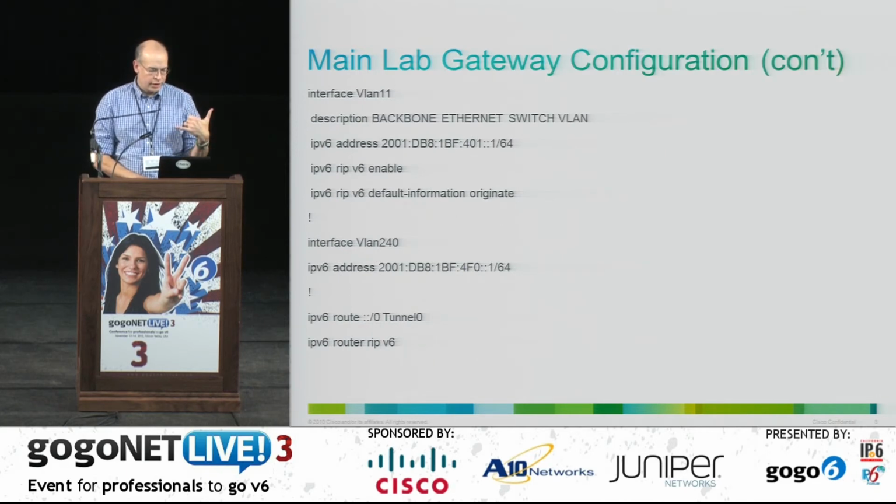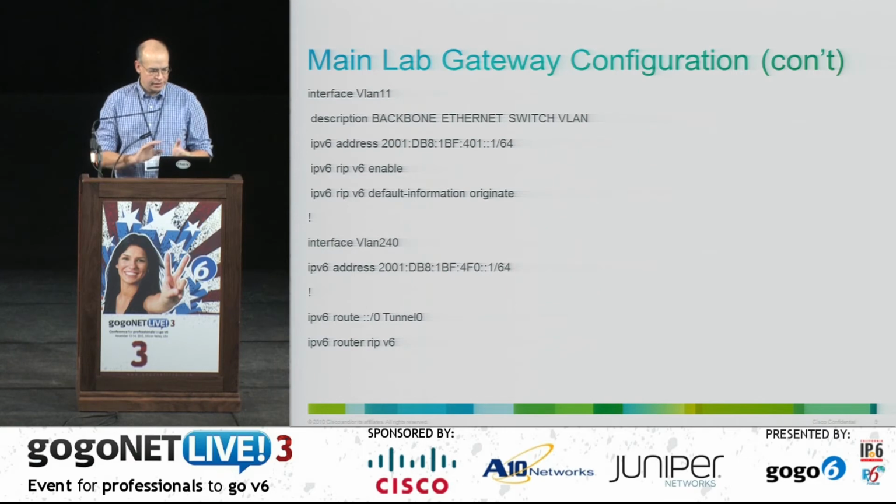Continuing on, there's basically two different ways that downstream devices in the lab can connect to this main gateway. First example is VLAN 11 here, where we're connecting to a subnet where a bunch of intermediate routers connect.